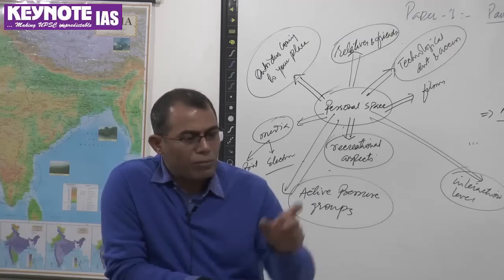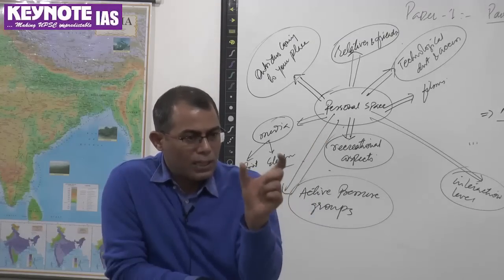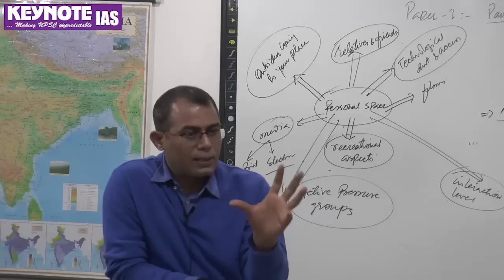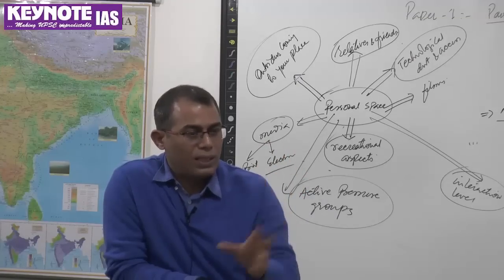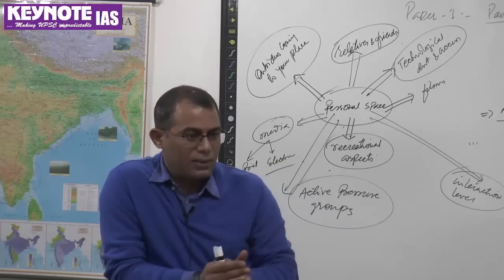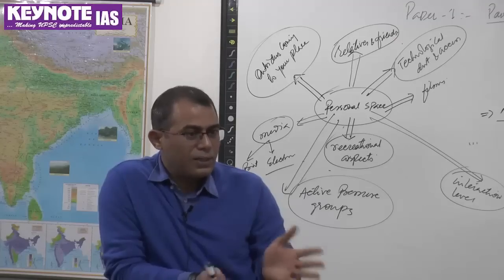When we talk about a particular aspect which is much broader, it can't be an outcome of 2 years, 5 years or 10 years. It has to have its history of, let's say, 50 years or 100 years.